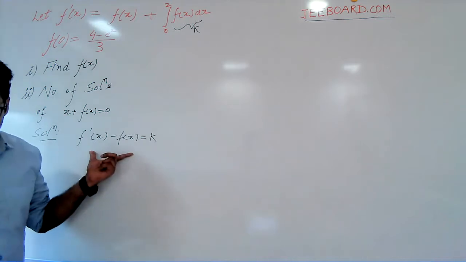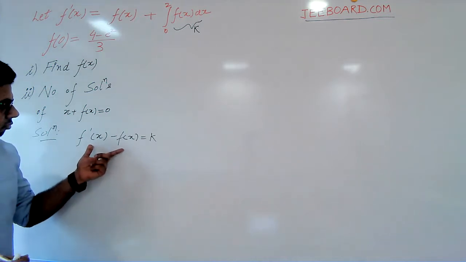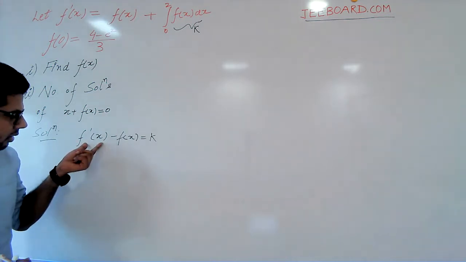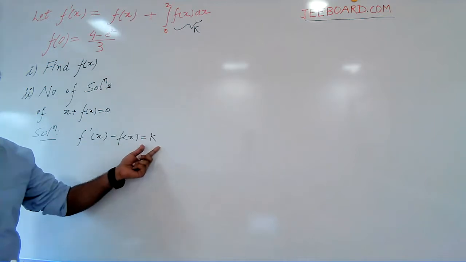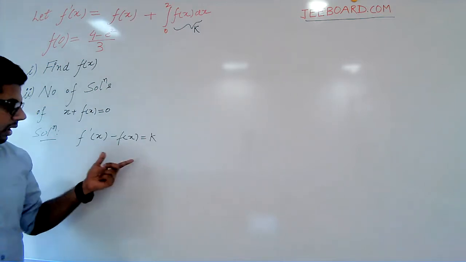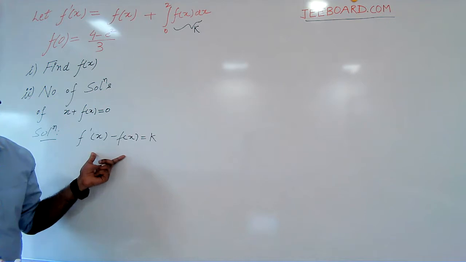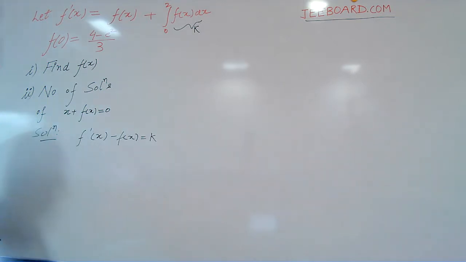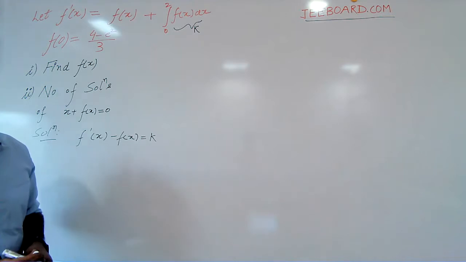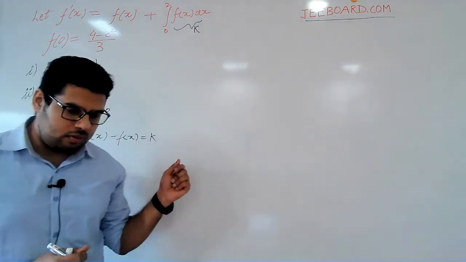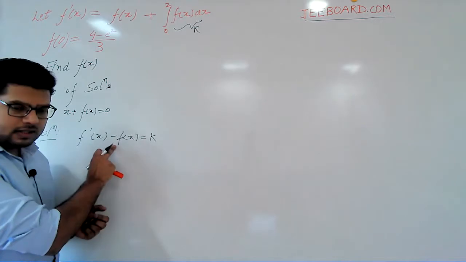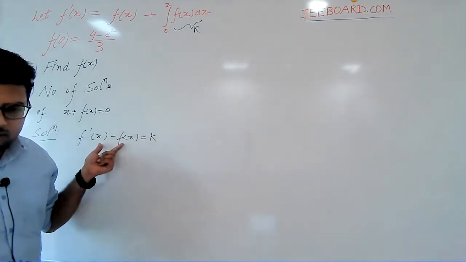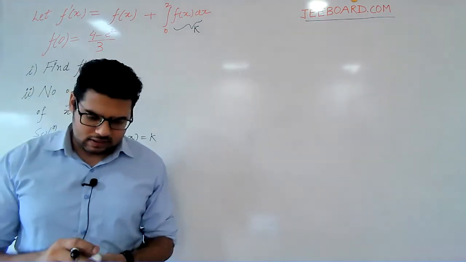Now by this equation, you can write this as dy by dx minus y equals k, in the standard form, or you can multiply both sides by e raised to the power minus x. And why minus x? Because if you multiply by e raised to the power x, the minus sign will not come out. So that's why we are multiplying with e raised to the power minus x.